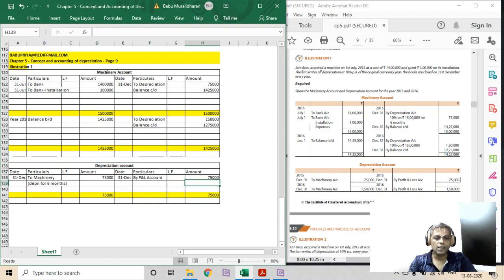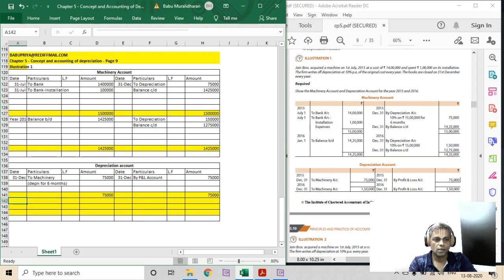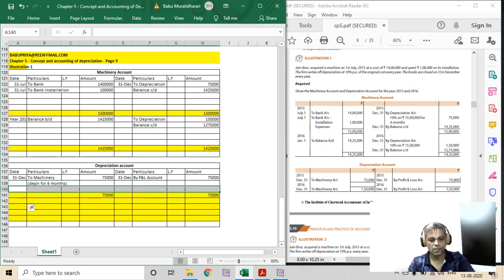Now let's put the depreciation account for the year 2016. Depreciation is transferred to P&L, so there will not be any carried forward balance.